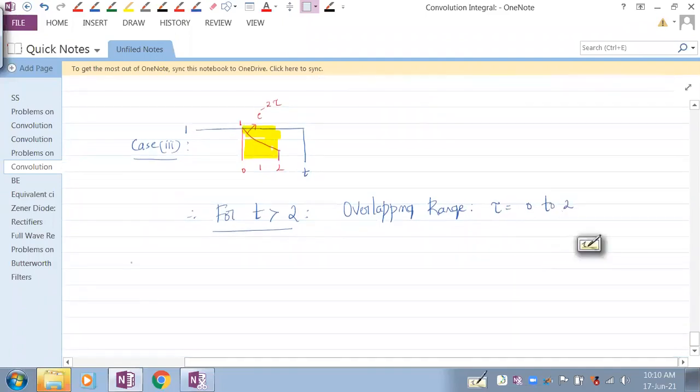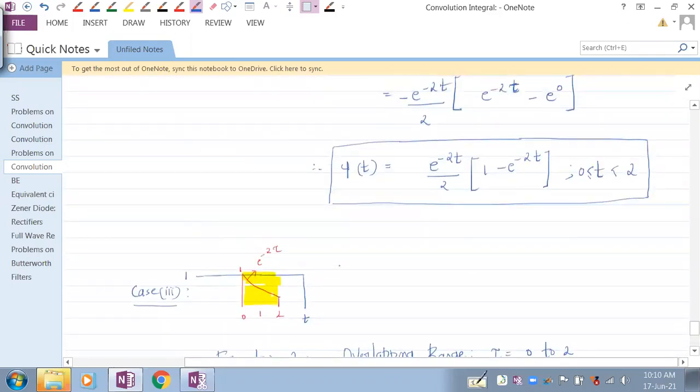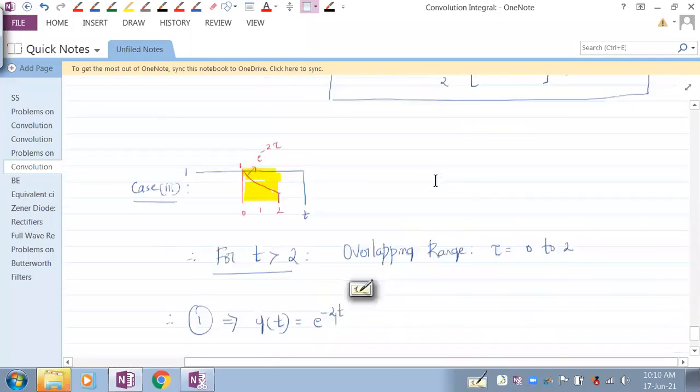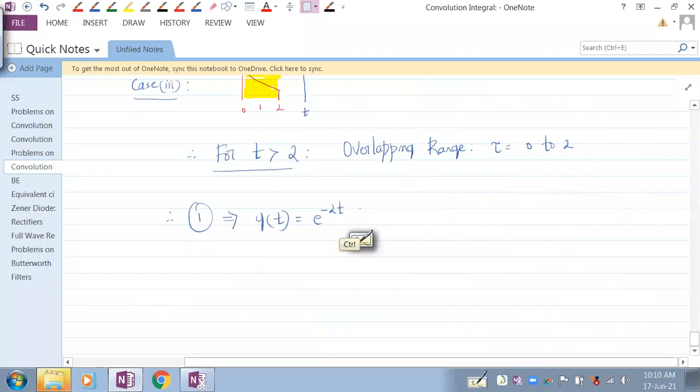Therefore, equation number 1 implies that y of t, everybody should not forget, e power minus t outside there. Let me show you again. e power minus t outside there. And in the range of integration, that is tau ranging from 0 to 2, it's again e power minus 2 tau into 1 d tau.